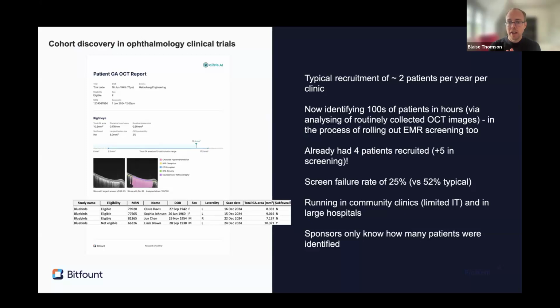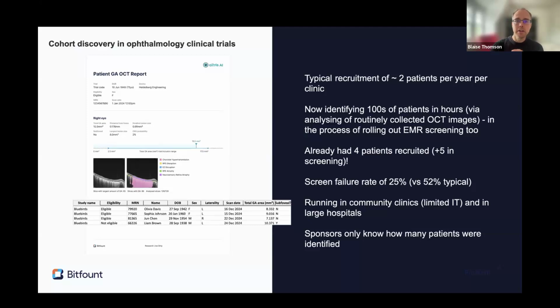What's been quite exciting for us is we're actually finding patients, and they're getting recruited into the trials now. Another quite interesting aspect of this is we're seeing a reduction in what's called the screen failure rate. In a clinical trial, it's typical that the clinician proposes candidate patients, and then there's a separate group that has to verify that they meet all the criteria for the trial. A trial will, in its protocol, have a collection of inclusion and exclusion criteria.